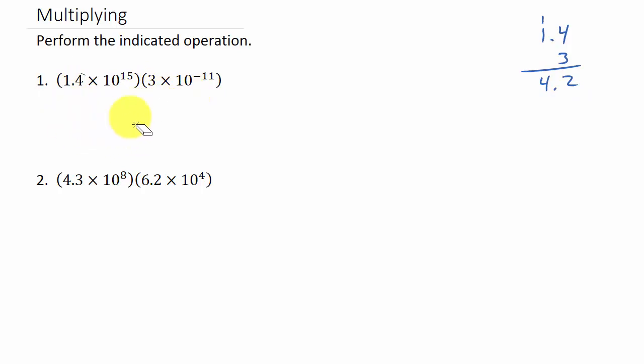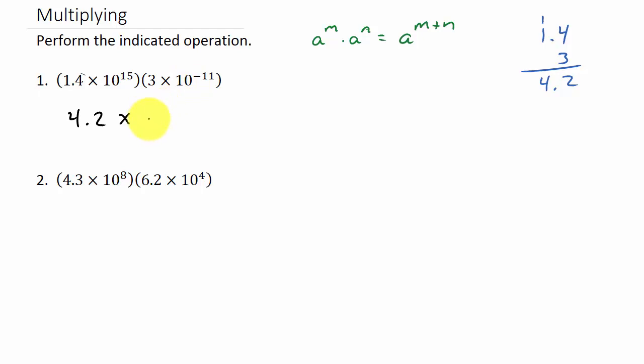So that's 4.2 times, and now we have 10 to the 15th times 10 to the negative 11. Now remember, there's an exponential property that says a to the m times a to the n is equal to a to the m plus n. If you're multiplying numbers and you have like bases, you just add the exponents.